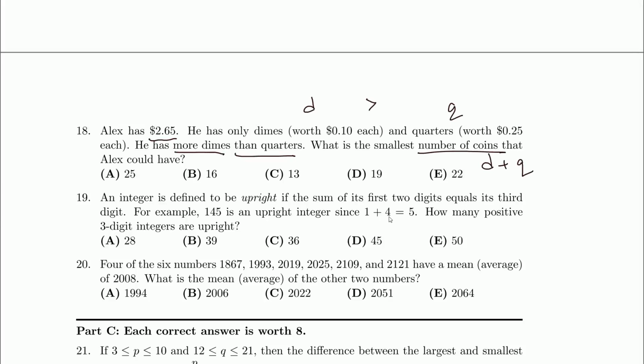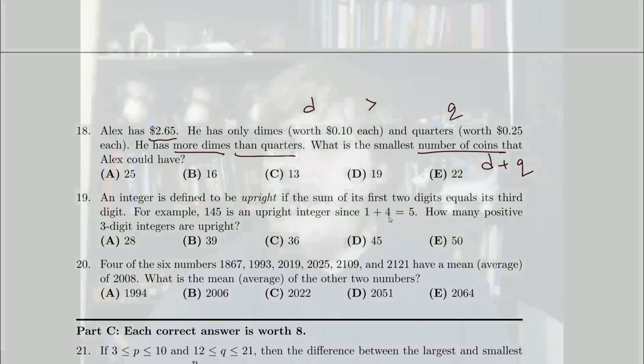Alright, so they're asking for the smallest number of coins, and to me, that suggests that there isn't an exact way to express 265 as, well, it's got to be 7 dimes and 12 quarters or something like that. We don't have that sort of a situation.